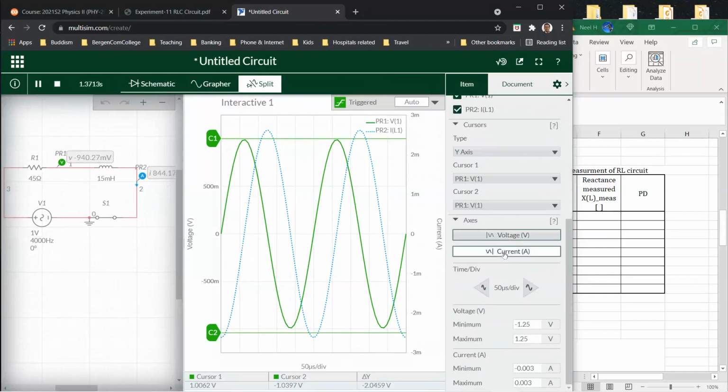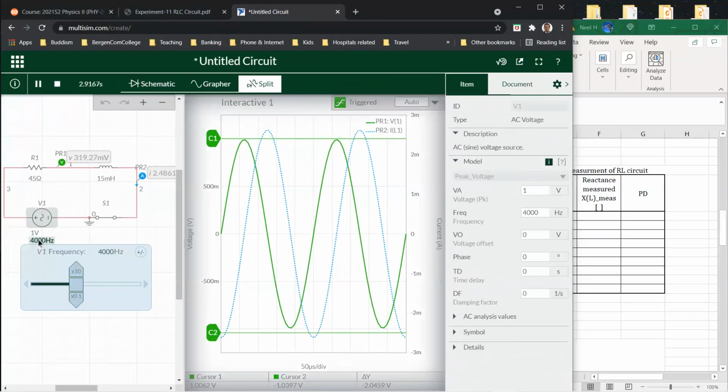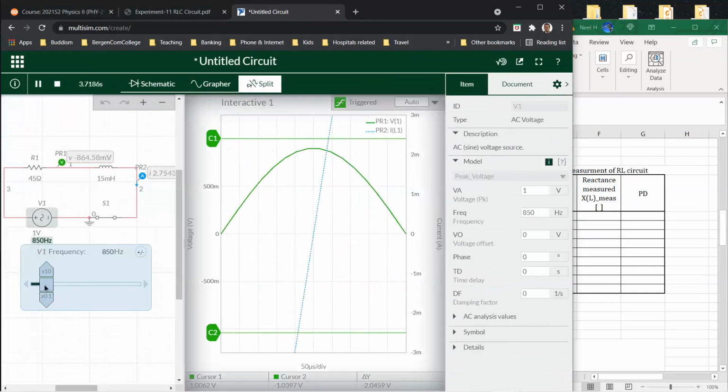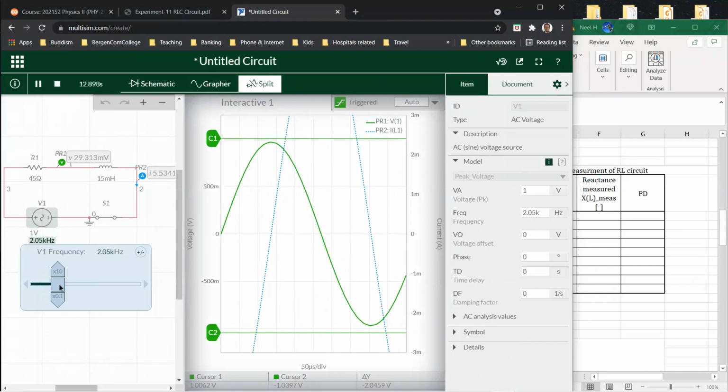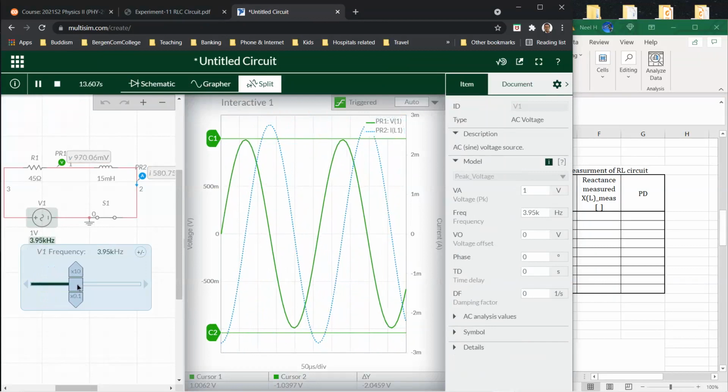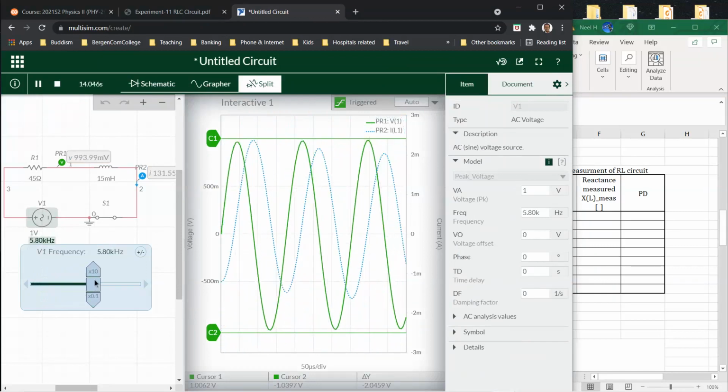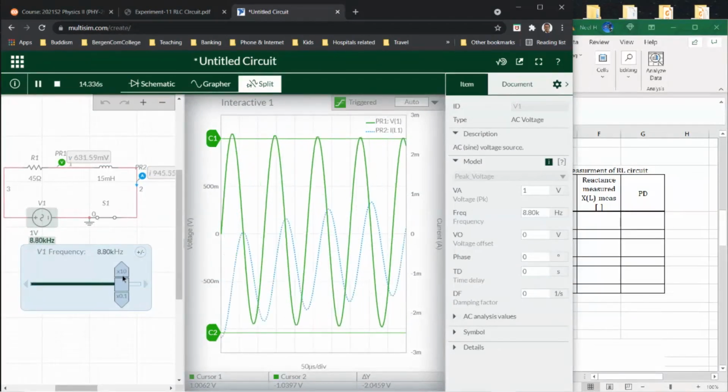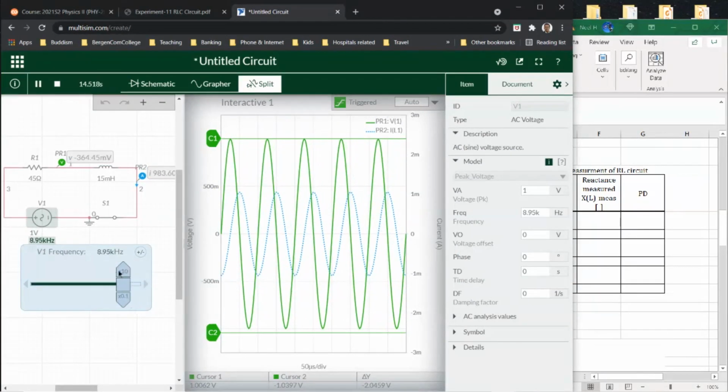Make sure voltage and current are set to auto scale, and then we'll first investigate how this reacts to the change in frequency. We'll go to zero, very small, and then increase slowly. As we change the frequency, you can see the effect on the voltage or the current.